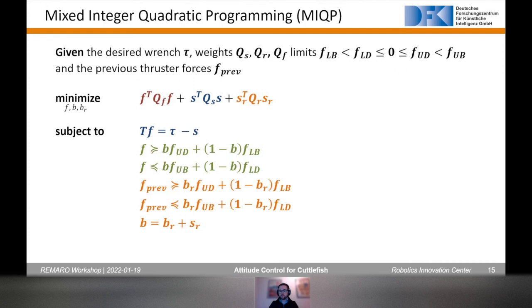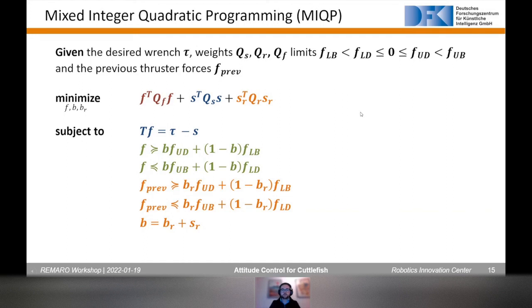In our case, since we are not only fully actuated but actually over actuated, so we have some sort of redundancy, we can use some thrusters maybe a little bit more and others a little bit less instead of reversing some thrusters.